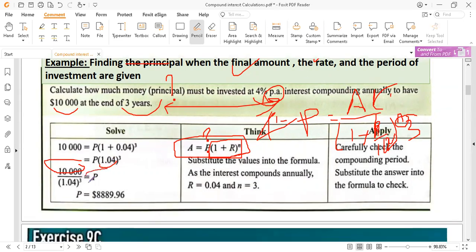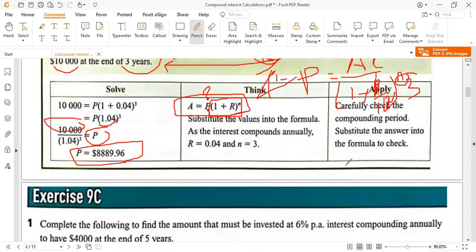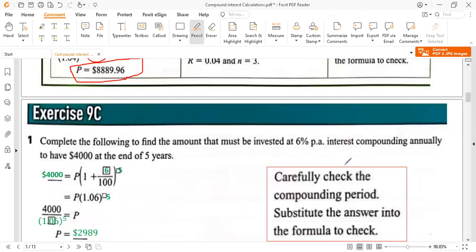Easy to calculate: big P equals 10,000 over 1.04 exponent 3, so the principal should be $8,889.96.